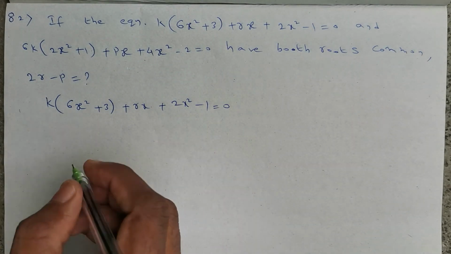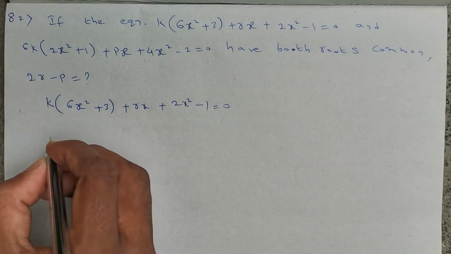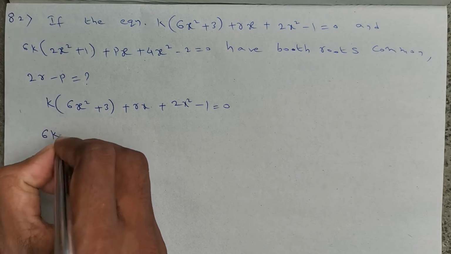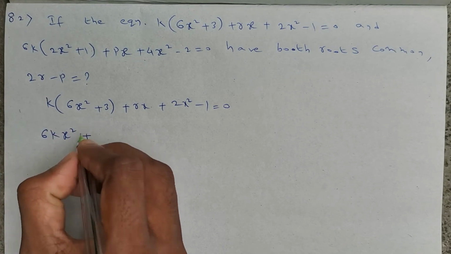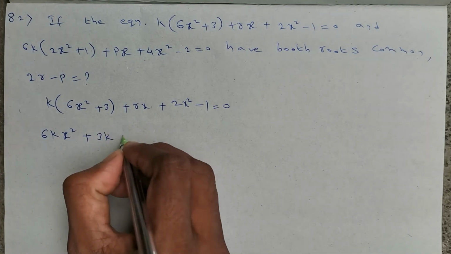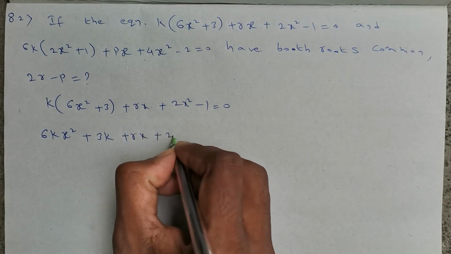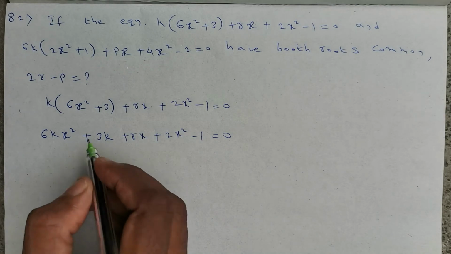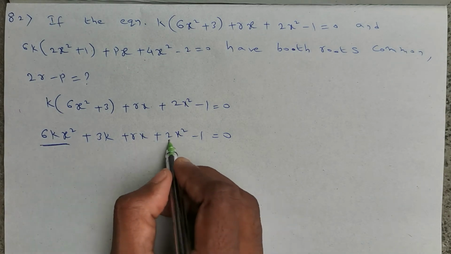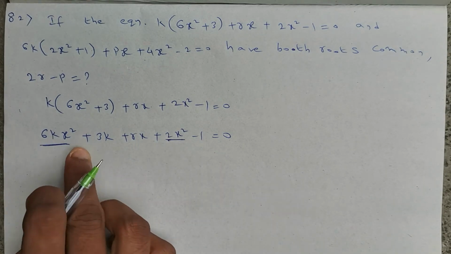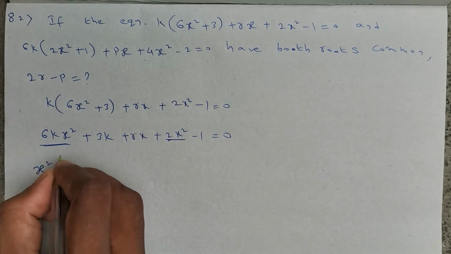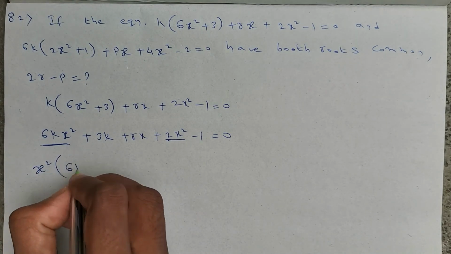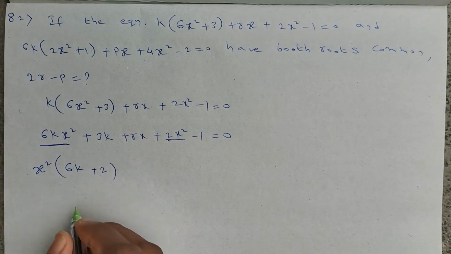So first I will expand it completely. k into 6x square, 6kx square, plus k into 3, 3k, plus rx plus 2x square minus 1 is equal to 0. Now from this first term and from this term, I will take x square common. So if we take x square common, we remain with 6k plus 2.